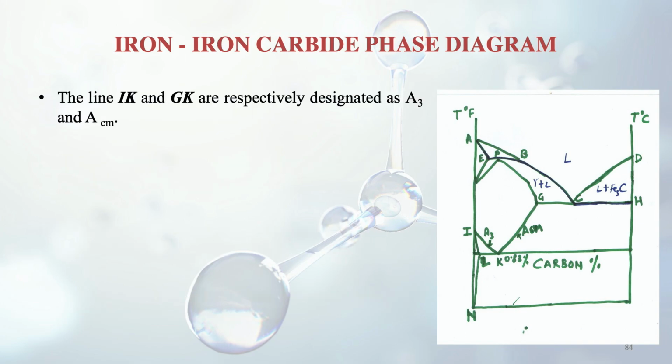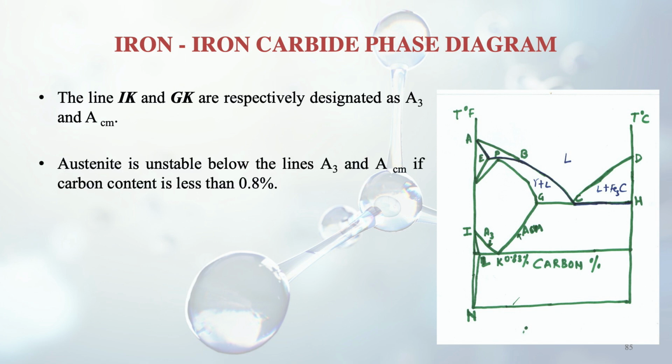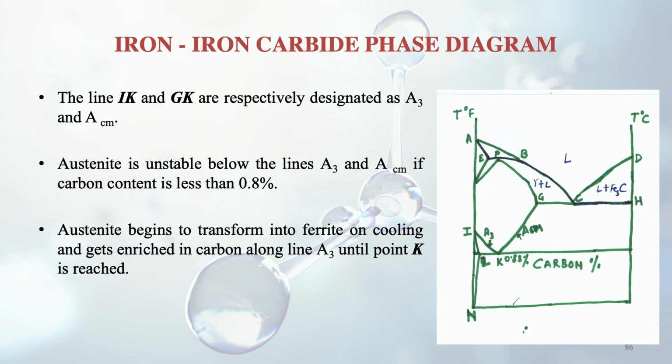The lines IK and GK are also respectively designated as A3 and ACM. Austenite is unstable below the lines A3 and ACM. Unstable means it can change to different forms, especially if carbon content is less than 0.8%. Austenite at this point begins to transform into ferrite on cooling and gets enriched in carbon along line A3 until point K is reached.